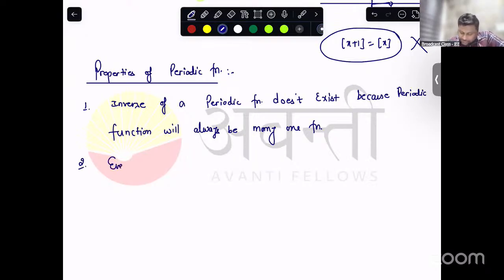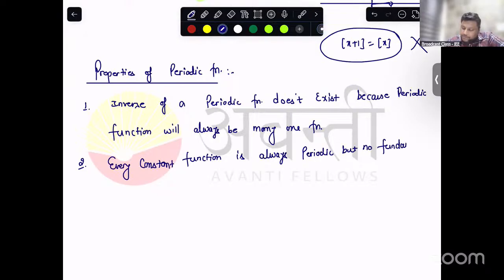Second property. Every constant function is always periodic, but has no fundamental period defined. Correct?